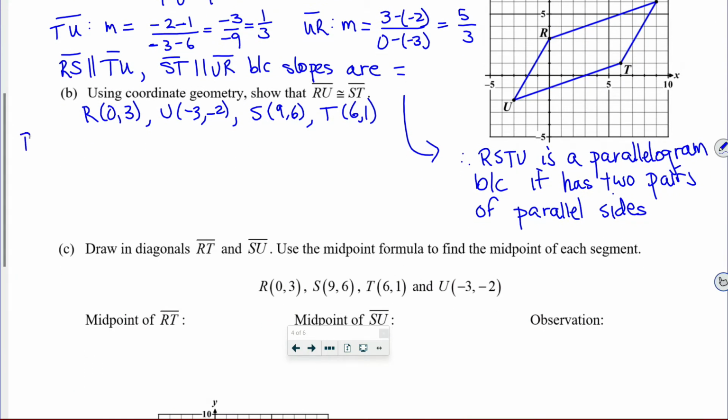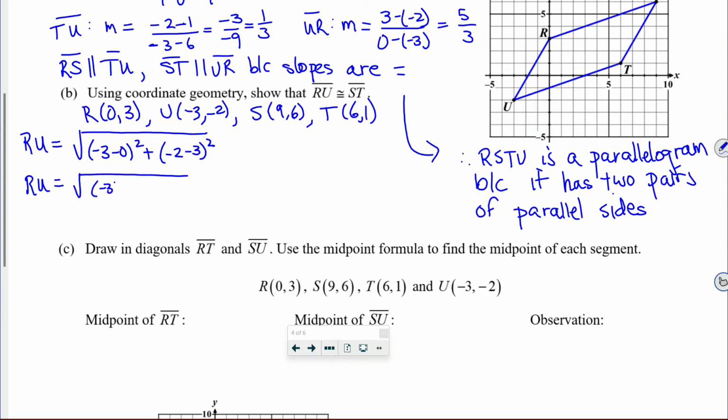Distance formula. RU is equal to the square root of (-3 minus 0) squared plus (-2 minus 3) squared. RU is going to be -3 squared plus -5 squared. That's going to be the square root of 9 plus 25. And RU is the square root of 34.